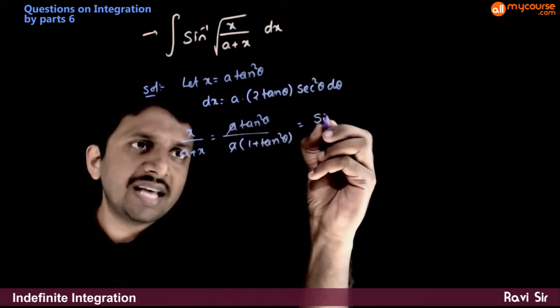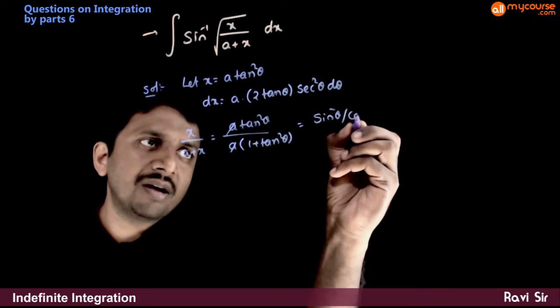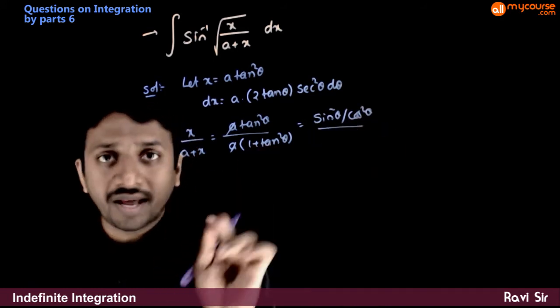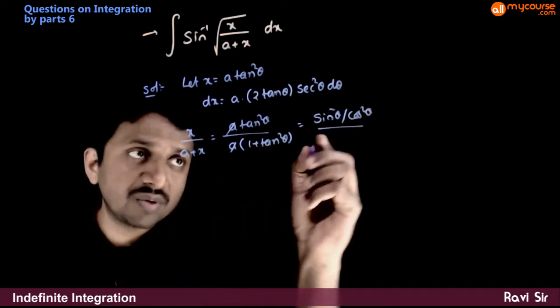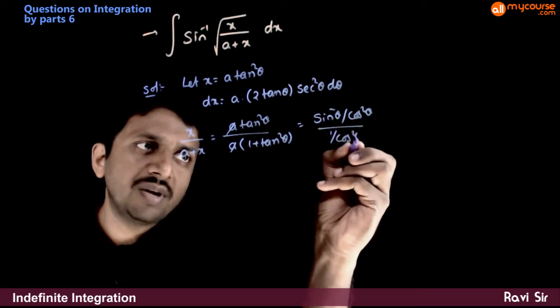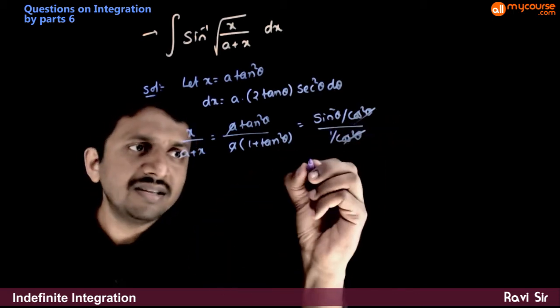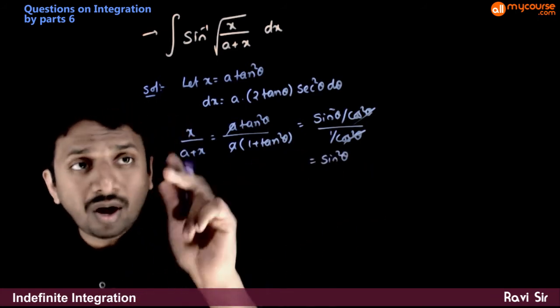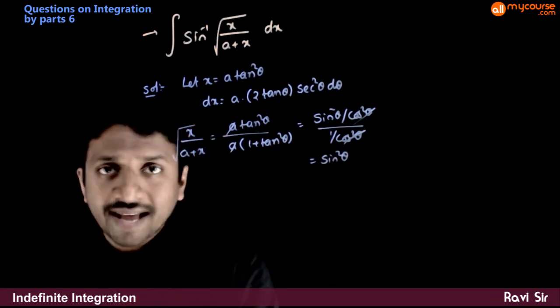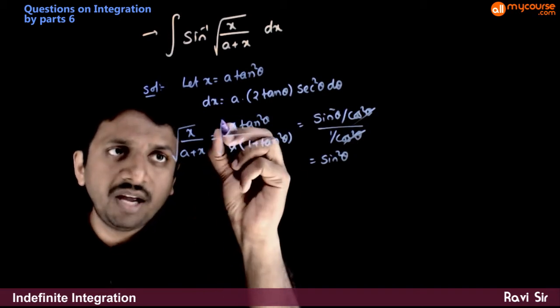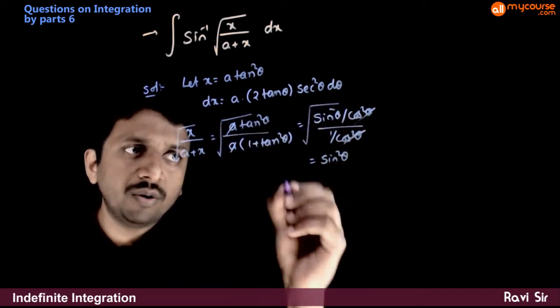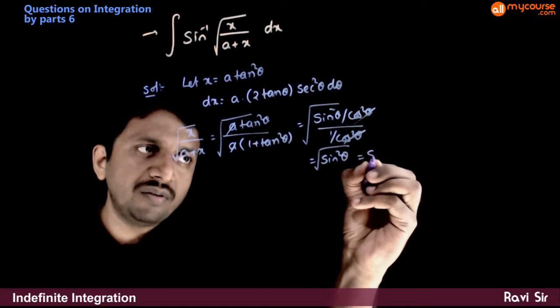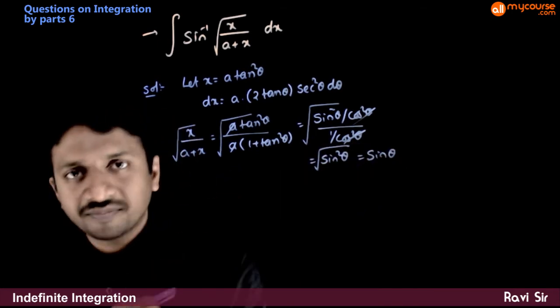It is sine square theta by cos square theta divided by 1 plus tan square, which is secant square, 1 by cos square theta. This and this get cancelled. So you get sine square theta. So root of x by a plus x will be equal to root of this, which is equal to sine theta.